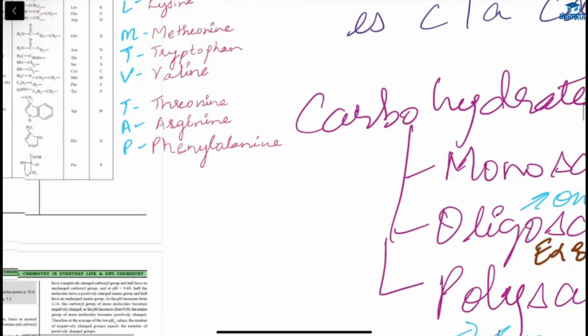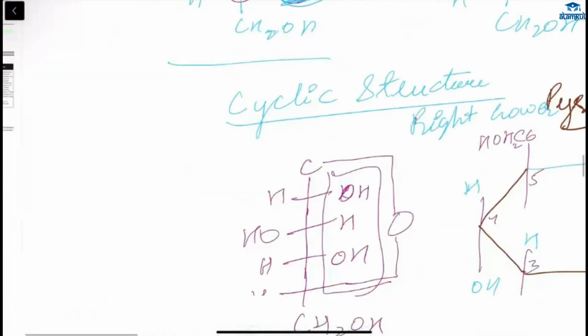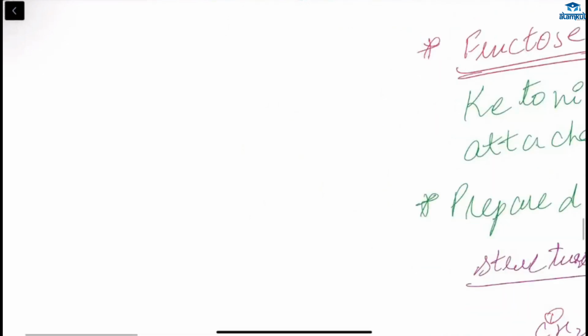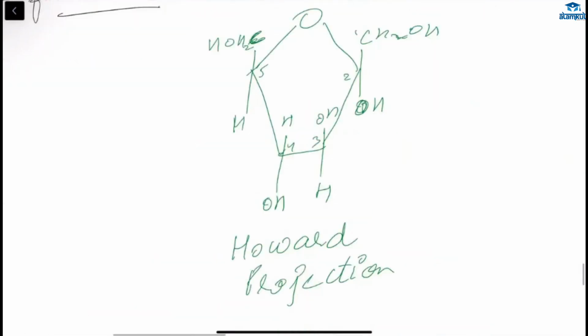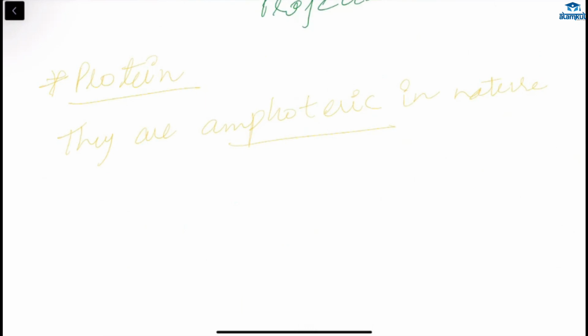One thing that you have to remember about protein molecules is that they are amphoteric in nature. What is the meaning of amphoteric? They react with acids and bases.